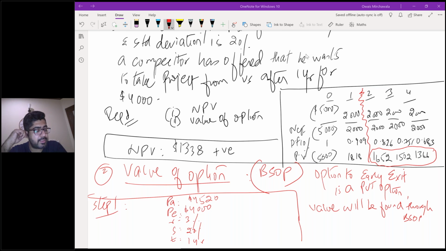Afzal, is the time to expiry. This option is valid for how long? He's asking us to give them the project after 1 year. So this option is valid for 1 year, not after that. Yes, Satya, they are the same.